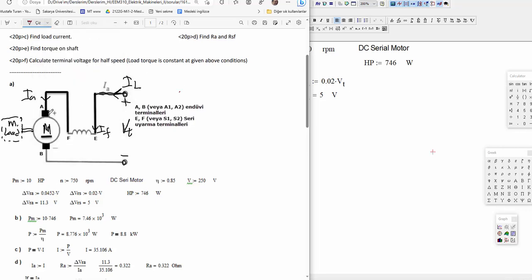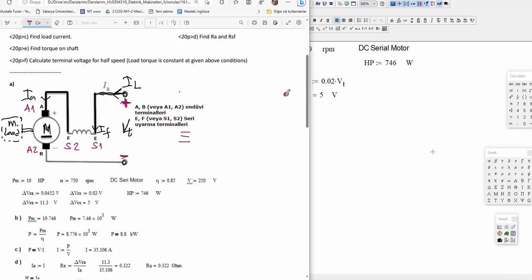On the figure, old terminology is given. With new terminology, here are A1, A2, and serial 1, serial 2. That is the connection diagram. Let's draw the equivalent circuit.